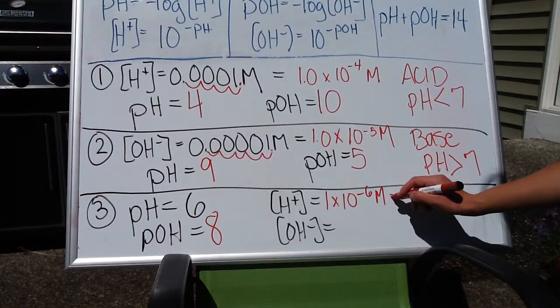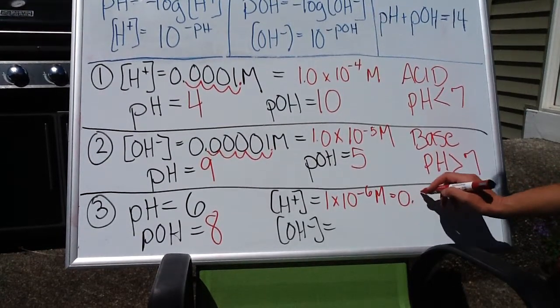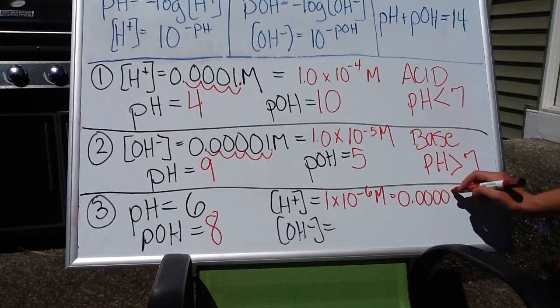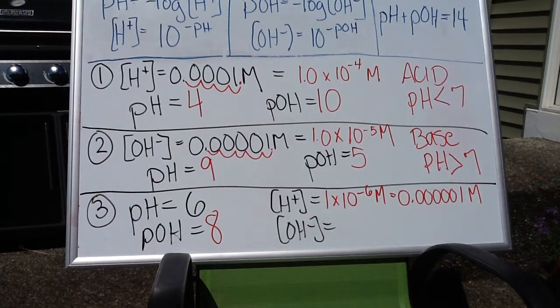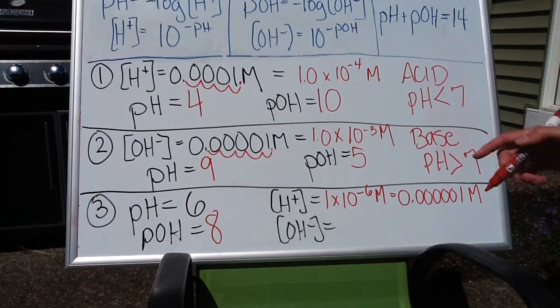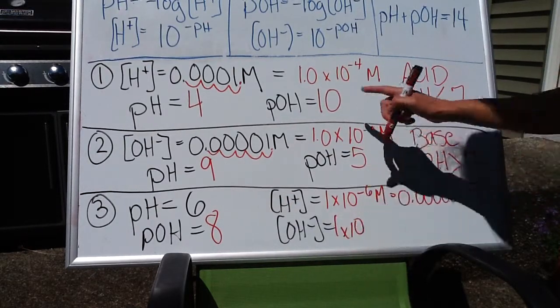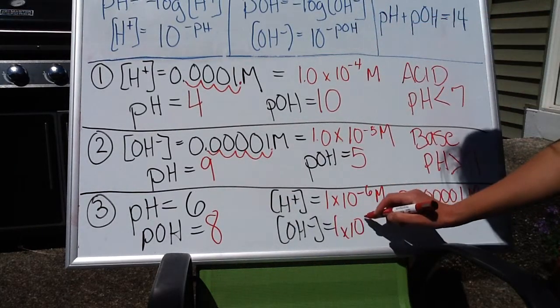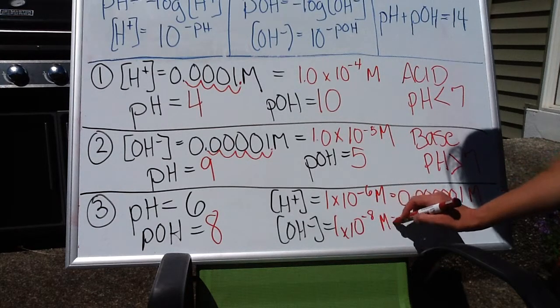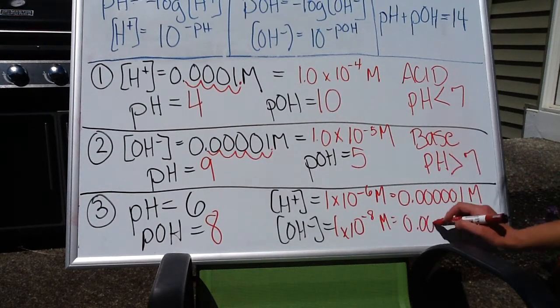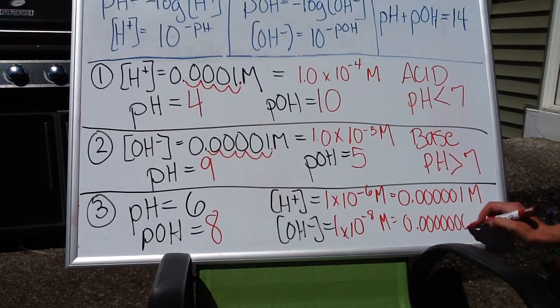If I were to write that out in standard notation, I would go 1, 2, 3, 4, 5, 6 spots. The hydroxide ion concentration will be 1 times 10 to the negative pOH. So this will be 10 to the negative 8 molar. So that will be 1, 2, 3, 4, 5, 6, 7, 8 spots.